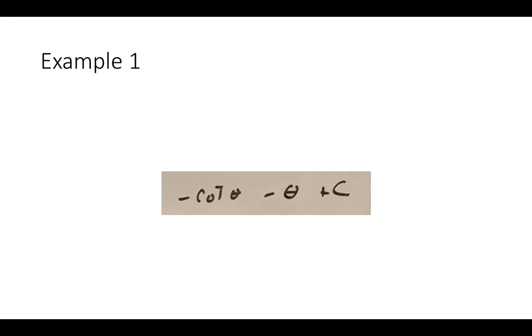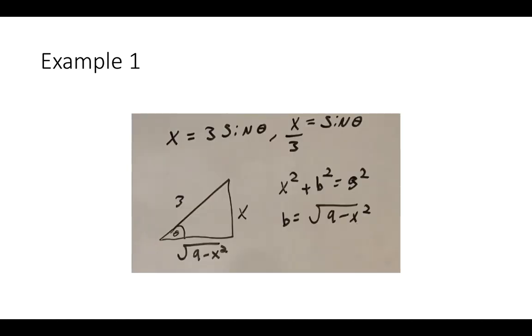But unfortunately, if we start off with an x, we have to end with x. So right now, we just have to take the finishing steps and change theta to x. So how are we going to do that? Remember that x is equal to 3 sine theta. If we divide by 3 on both sides, we get sine theta is equal to x over 3. That's basically a right triangle. So what I want you to do is draw a right triangle and input the values.